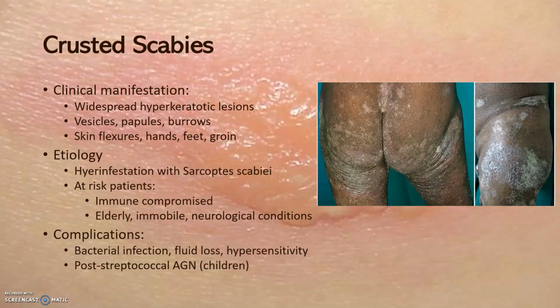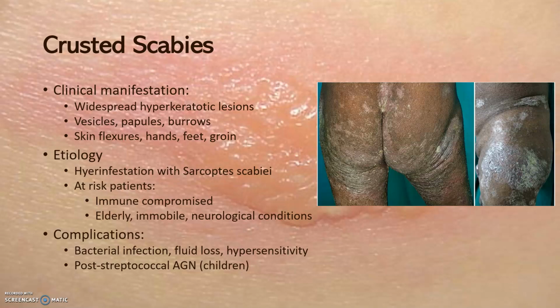It manifests as a widespread hyperkeratotic rash with vesicles, papules, and burrows, particularly in the skin creases and in the hands and feet and groin. It's really a hyperinfestation with the Sarcoptes scabiei parasite, and immune compromise, elderly, immobile, or patients with neurological conditions are at risk.